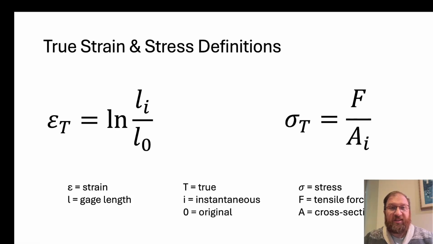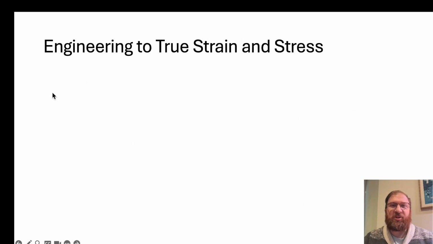All right, so let's say that we want to plot a true stress, true strain. Again, instantaneous, this can be difficult because this implies that we're measuring each time point. However, there is going to be a shortcut here, and that is the fact that we can convert from engineering to true strain and stress. So there are conversions for engineering to true strain and stress, and that's what we're going to do in this example to determine the true strain and true stress.